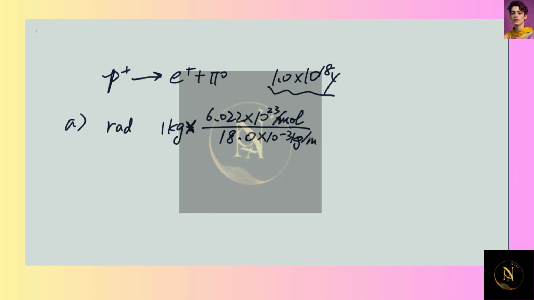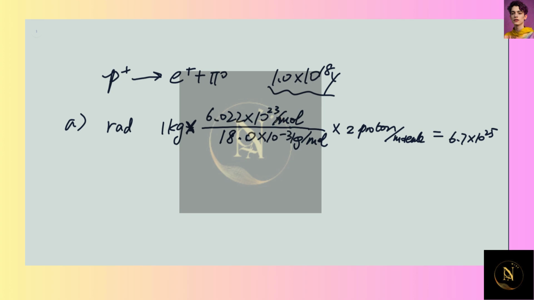We're assuming our body is purely made up of water. And then we have 2 protons per molecule. So we have 6.7 times 10 to the 25 protons in each kilogram.